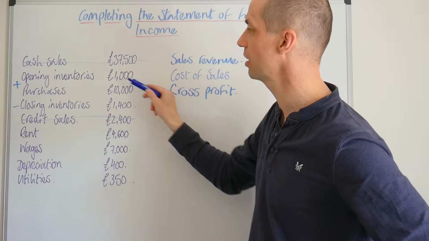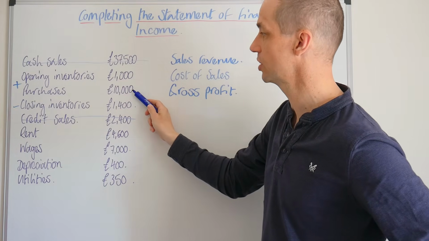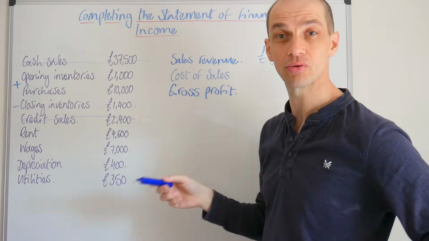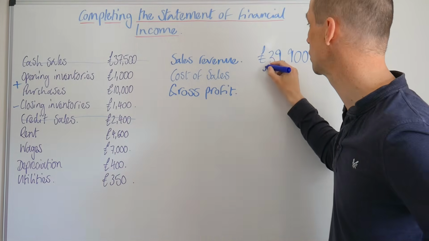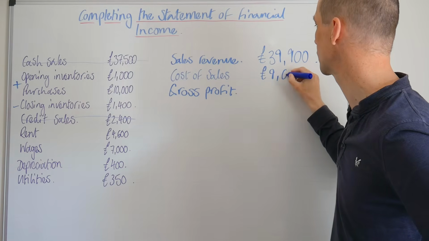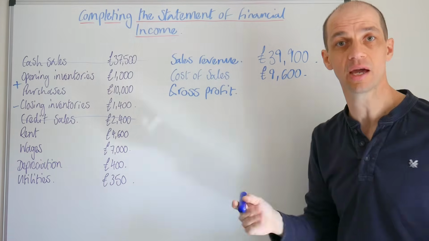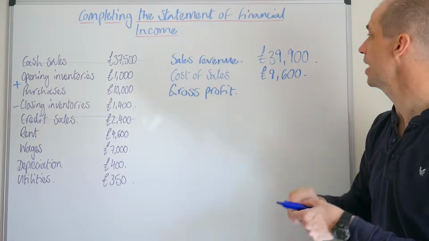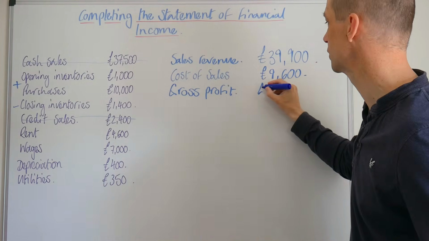So opening inventories plus the purchases is 11,000, minus the closing inventories. Well, that takes it down to 9,600.